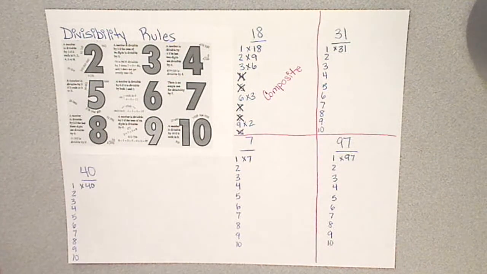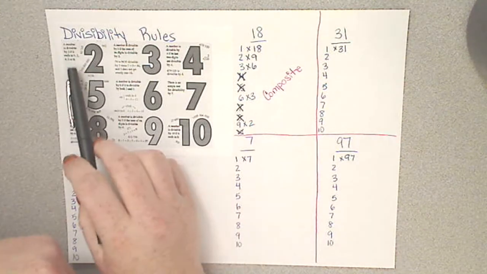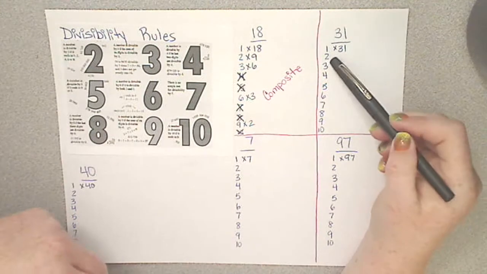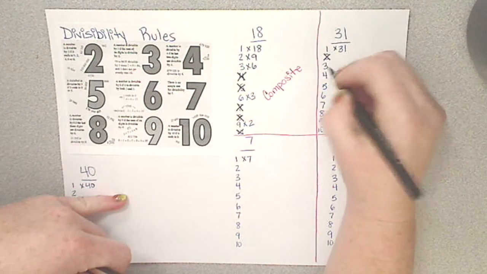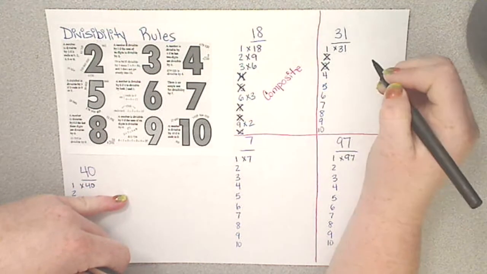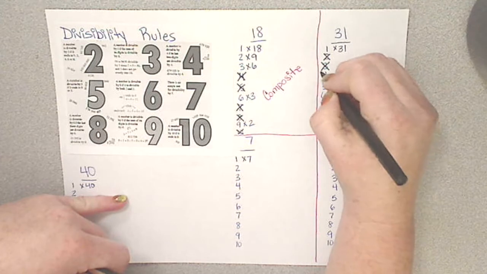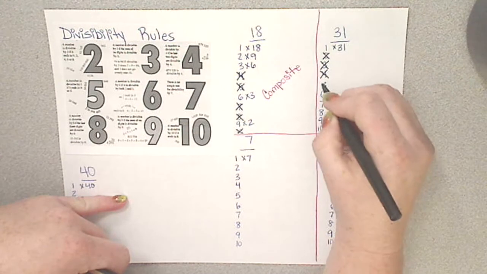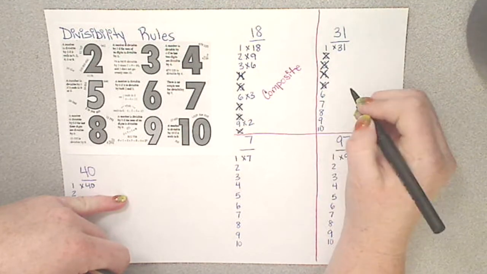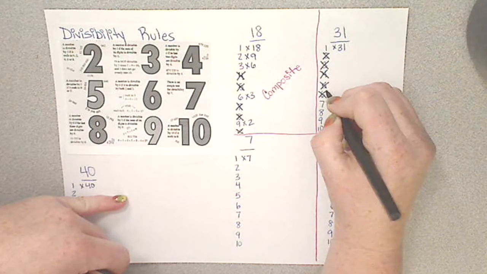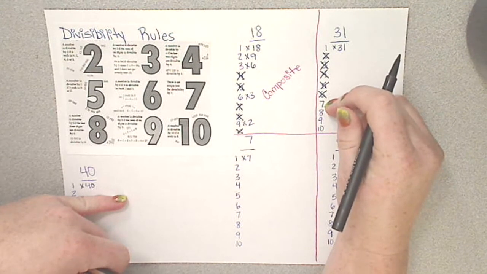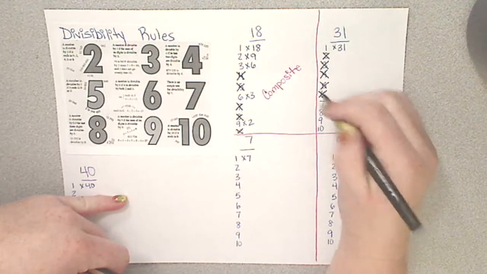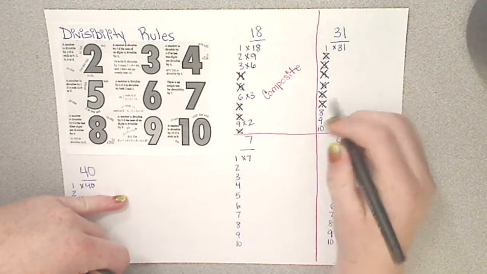So let's look at 31. By the rule of 2, 31 does not fit. By the rule of 3, it does not fit. Does not fit the rule of 4, 5, 6. 7 has no easy rules, but if I know that 7 times 4 is 28, 7 times 5 is 35, 7 doesn't fit.